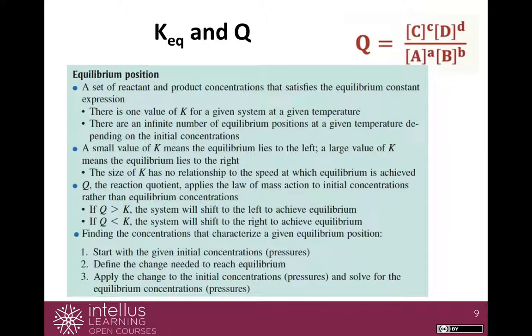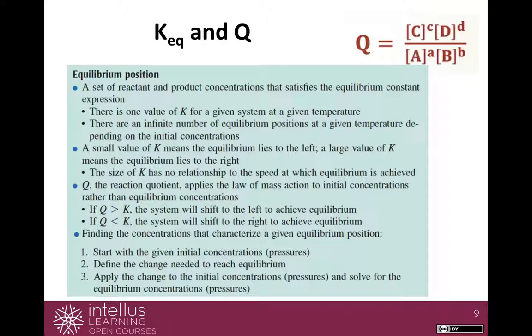And so if Q, the reaction quotient at any particular time, is greater than K, then the system will shift to the left to achieve equilibrium, and to the left would be reactants. If Q is less than K, the system will shift to the right, which is products, to achieve equilibrium. And if K equals Q, then it is at equilibrium.